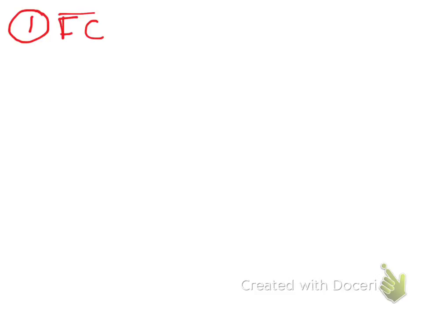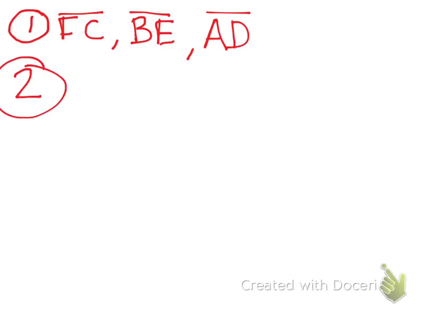FC. Good. B to what? E. Good. And there's one more. A, D. Very good. Number 2 says, what's the centroid? Remember, the centroid is where all those segments meet. G. Point G. Good.